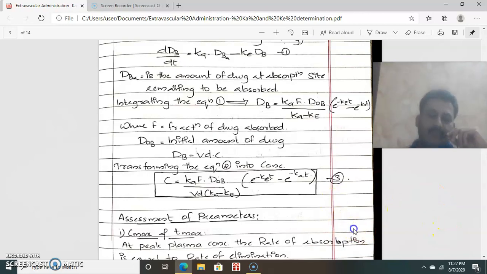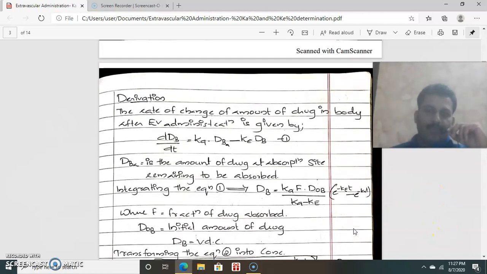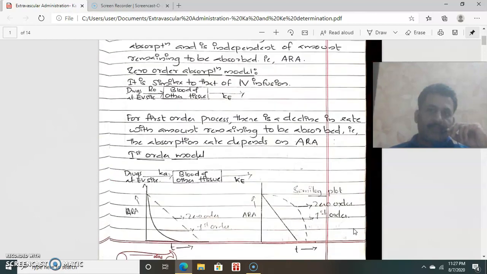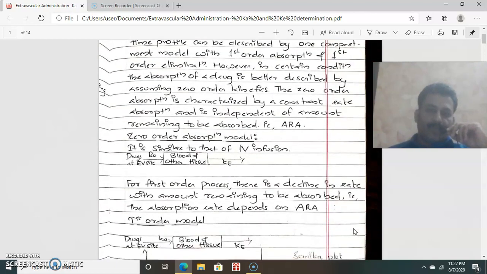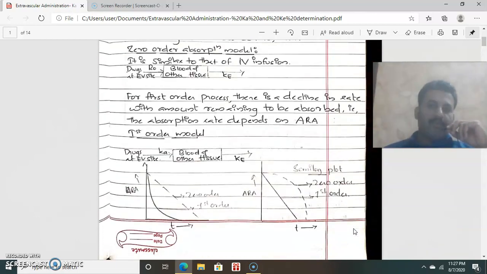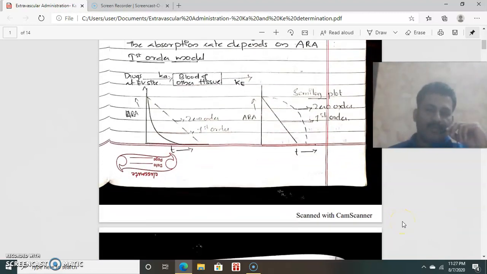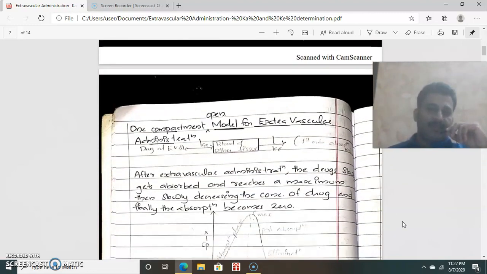So this is the initial part, that is what do you mean by zero order absorption, first order absorption. How can you differentiate with the help of the amount remaining to be absorbed versus time graph? From the normal plot and the semi-log plot, we can differentiate first order and the zero order.